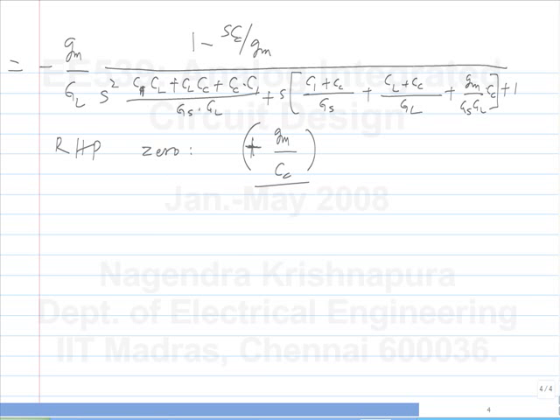And where are the poles? We can use the approximation, otherwise it gets too messy anyway. So, if you have a quadratic equation, one of the poles is at minus this coefficient divided by the fixed term.